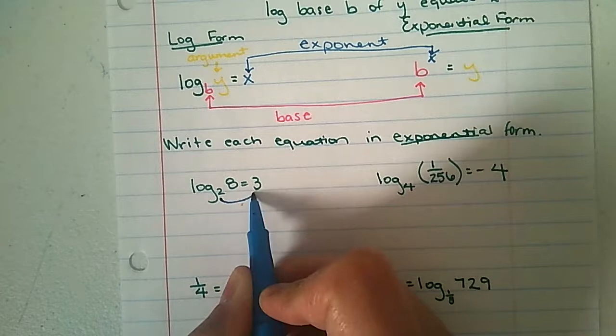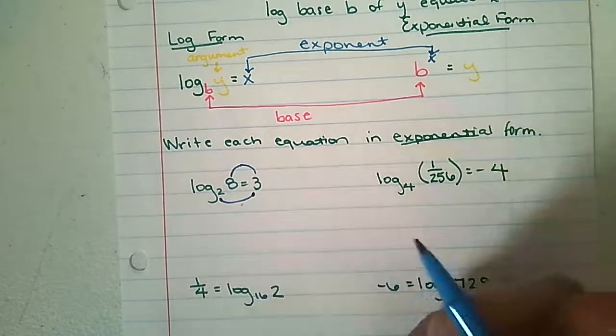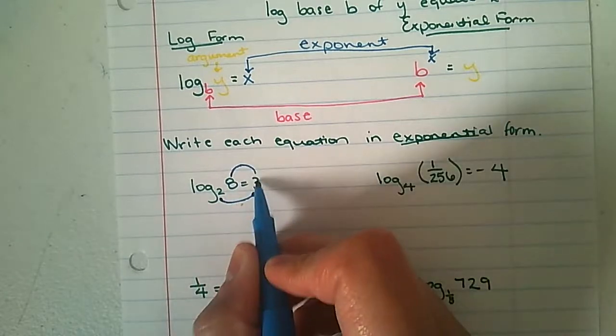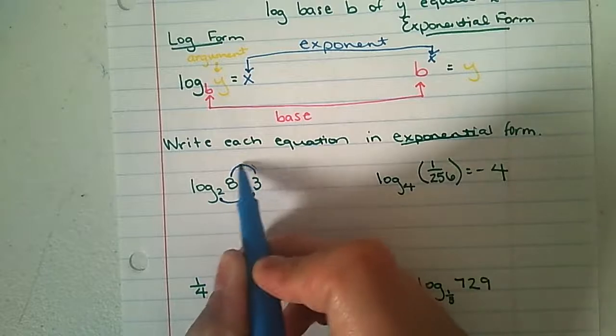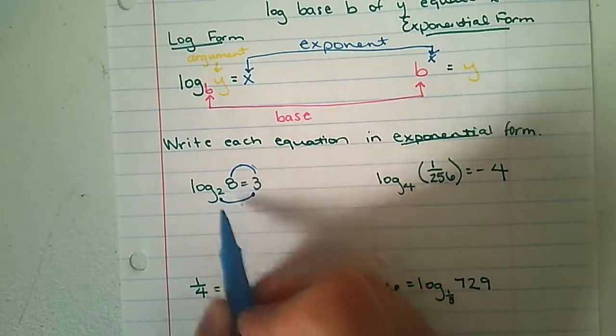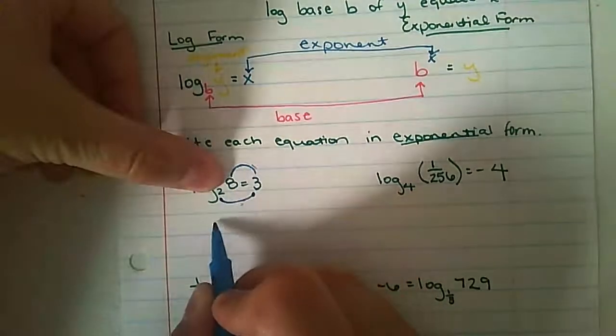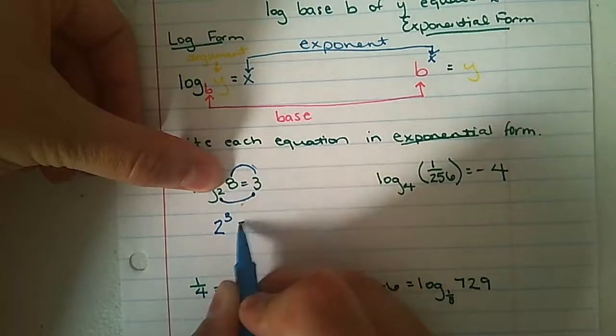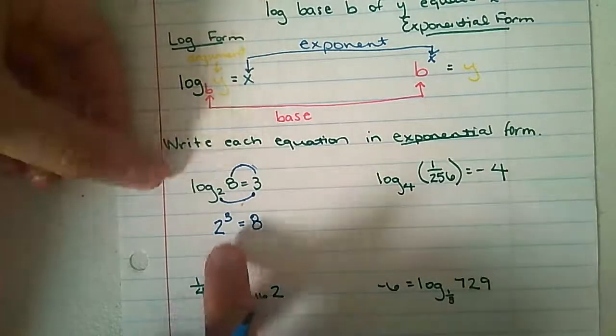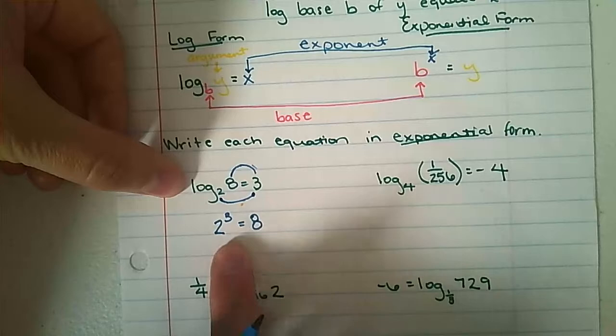Then we go to what it equals, and then what's left. So base, what it equals, and what's left. So we do a log roll. And as we log roll, we're going to write the numbers as we see them. So it's going to be 2, that's our base, to the third equals 8. So these forms are equivalent. This would be our exponential form.